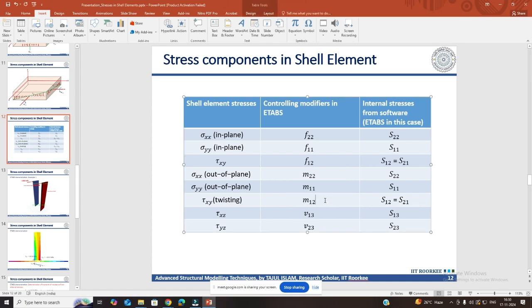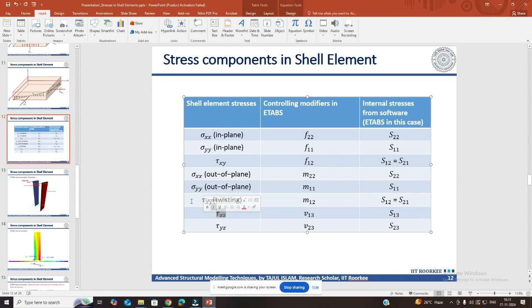So here you can see M12 and F12. The roles of these two parameters are going to be the same because both of these will be controlling tau xy. But this is going to be because of the forces and this is going to be because of moments. And in both of these cases, if you want to check the stresses, you have to check the same stresses. Okay.